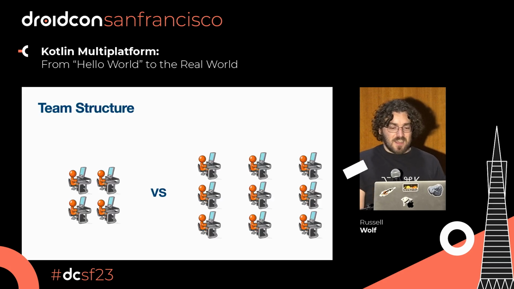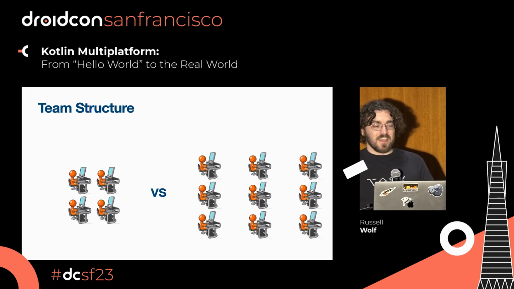So as you get out to bigger and bigger teams, the way your team is structured will have different impacts on the way you want your code to be structured. And it's worth being thoughtful about how your team structure impacts that. Sometimes you have a small team, sometimes you have a large team.